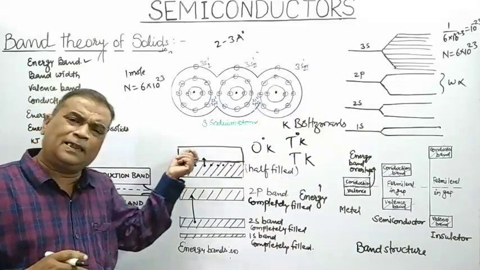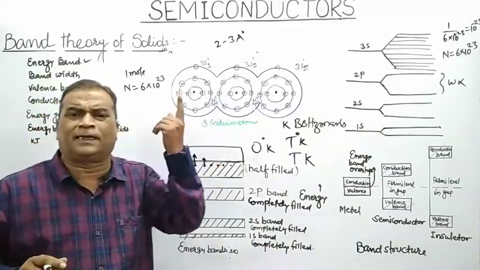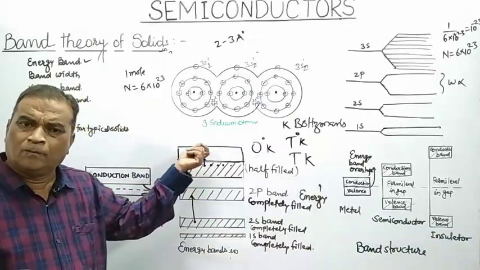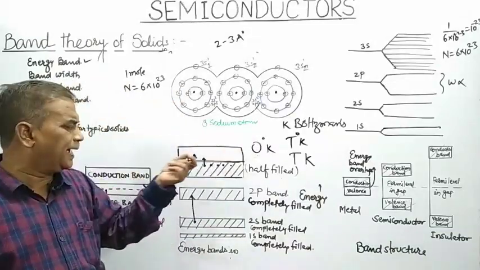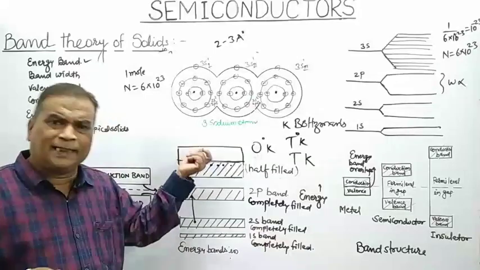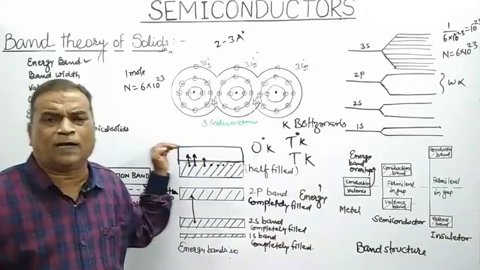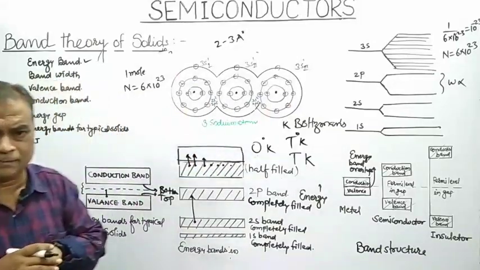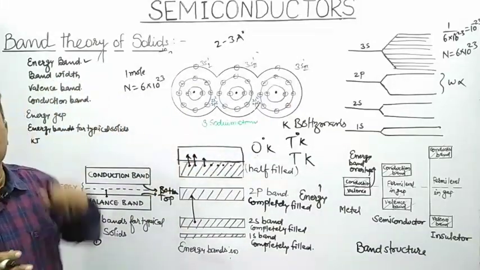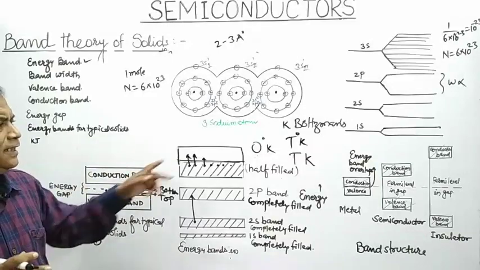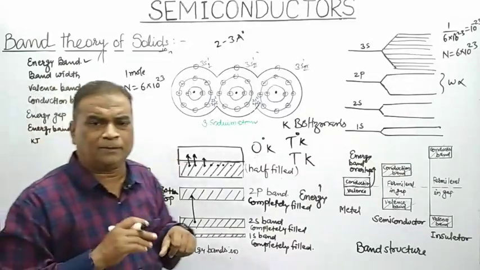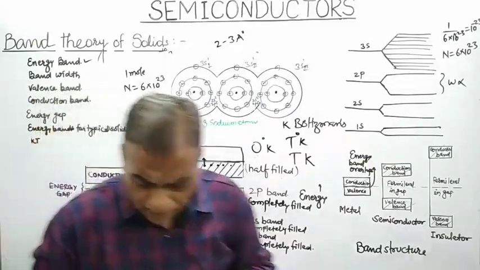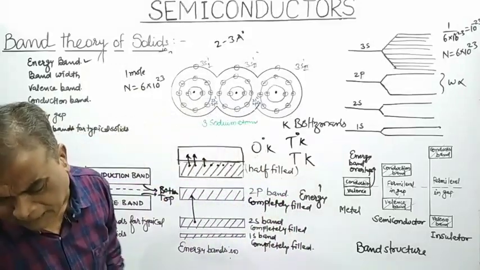So on receiving a small amount of thermal energy, electrons from the half-filled valence band can gain energy and raise their energy to a higher level, and they are made available for conduction of electricity, because the 3s band here is a half-filled band.